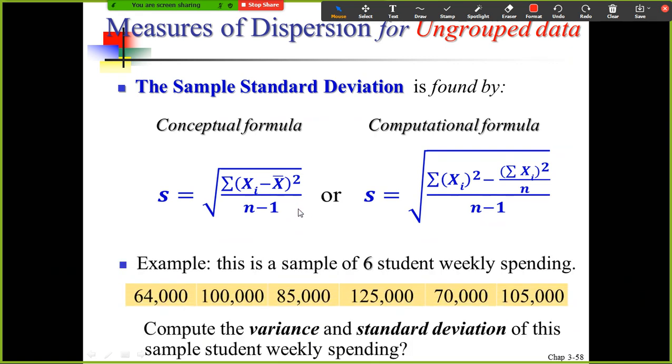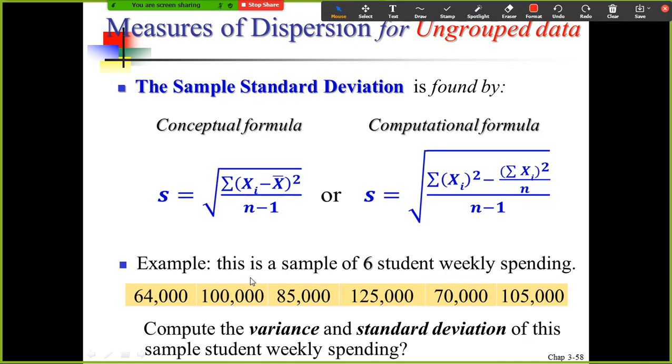Okay, so come to practice. For example, we have one sample dataset. The total observations in our dataset are 6 items. The topic that we study in this example is student weekly spending.